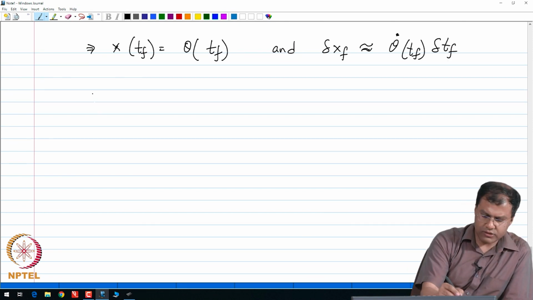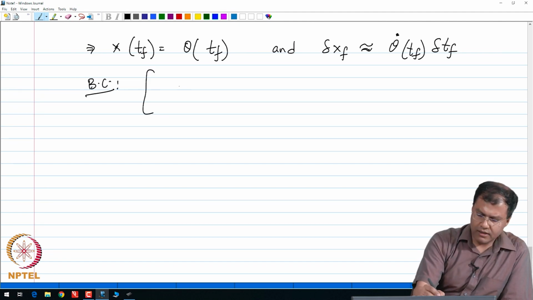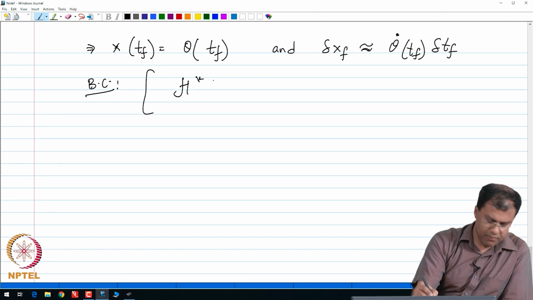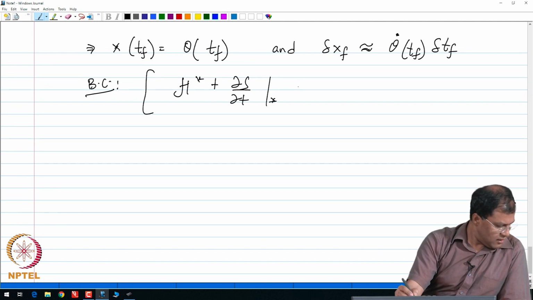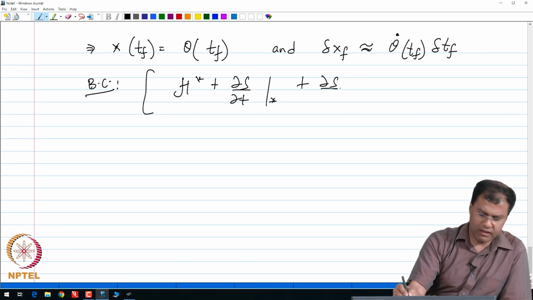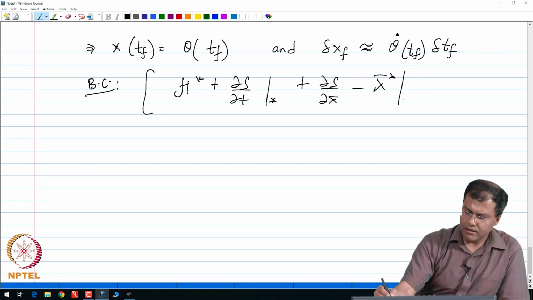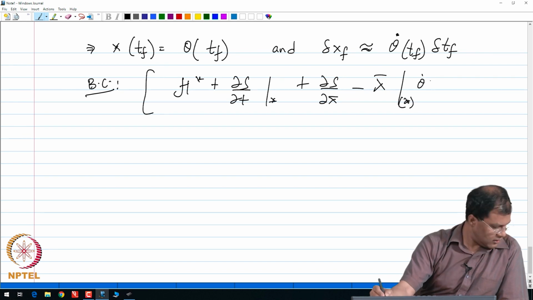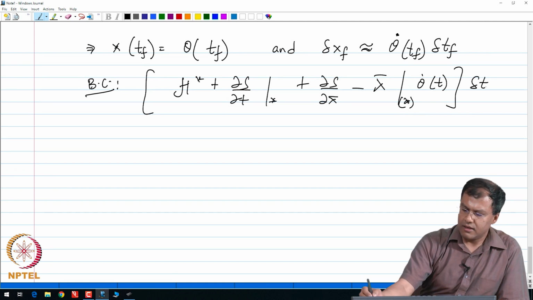So, then my natural boundary condition will kick in and I am going to get a single expression: H star plus partial S partial T at start condition plus partial S partial X minus lambda bar star, all evaluated at start condition, times theta dot of T, and this is delta T f.